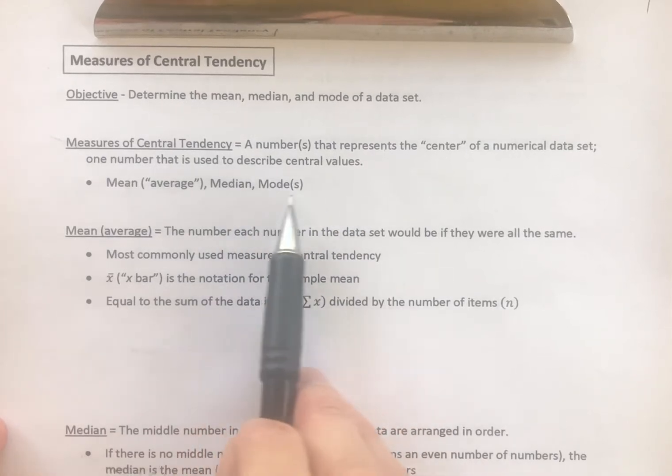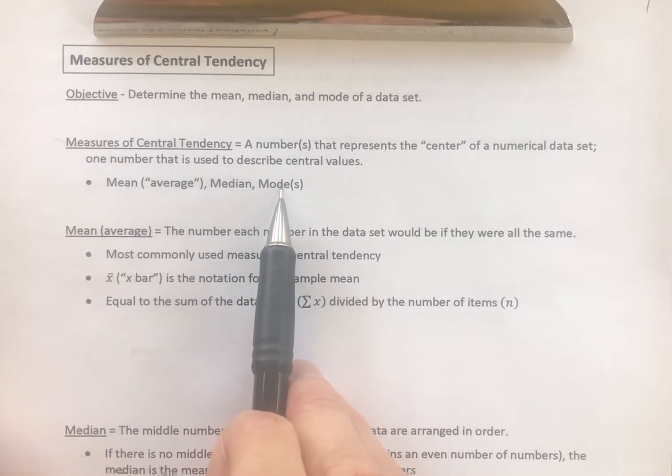Now, generally, the mode is not nearly as popular when it comes to numerical data or quantitative data. The mode is far more popular when the data is non-numerical or qualitative.